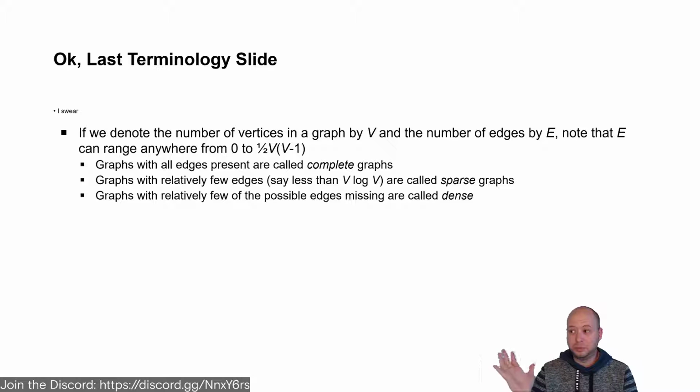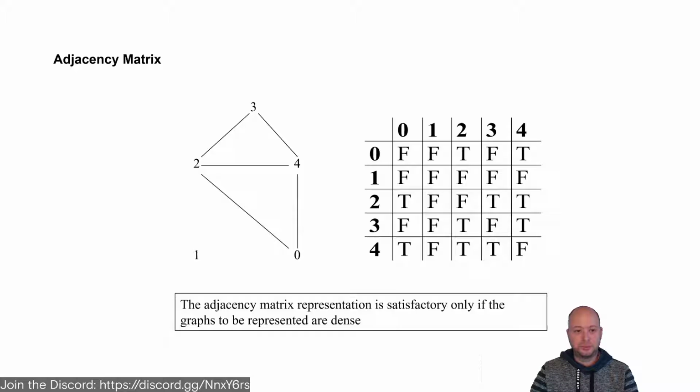Obviously that's the maximum, so you're going to have somewhere between 0 and v times v minus 1 over 2. When you have all edges present, meaning everything's connected to everything, that's a complete graph, a fully connected graph. Graphs with very few edges, meaning less than v times log v, are considered sparse graphs. Graphs with relatively few missing edges are called dense graphs.